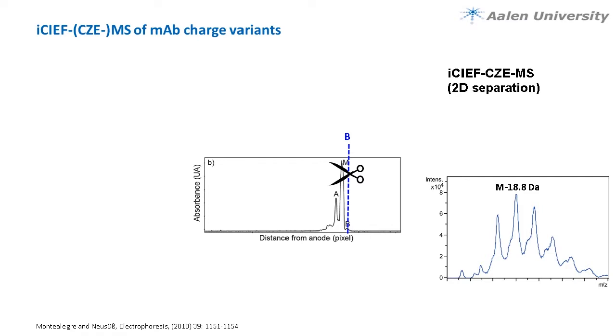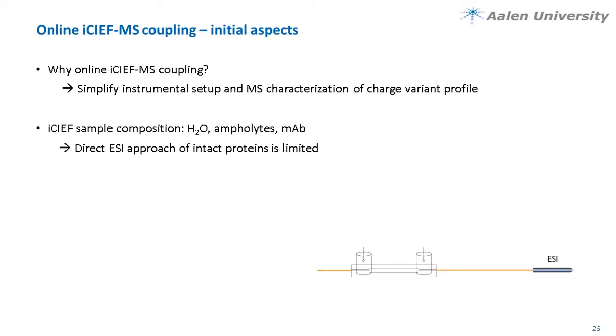And indeed, we have a shift in mass of about 18, 19 Dalton, which corresponds to succinimide formation or pyroglutamate formation or whatever, modifying the protein so that it gets a basic form, a basic variant here.